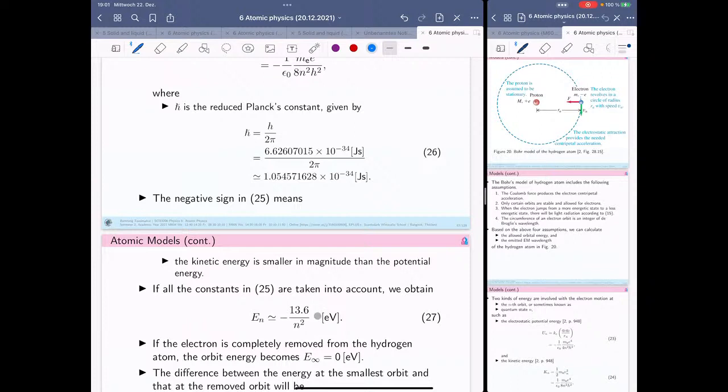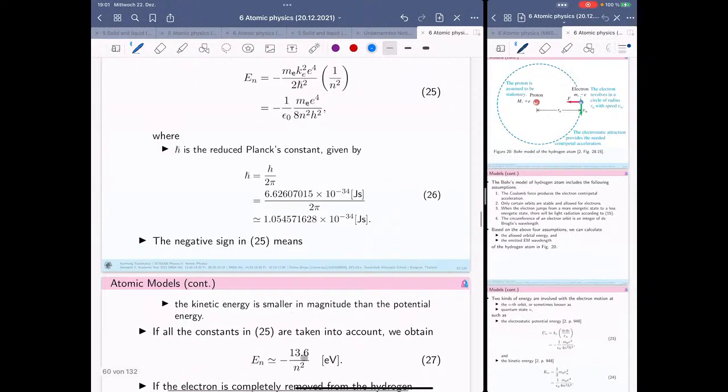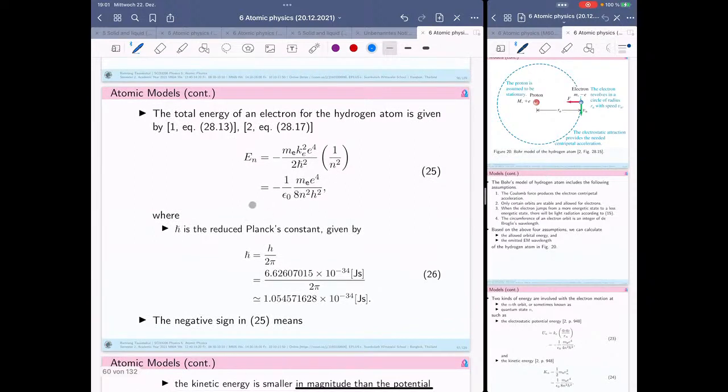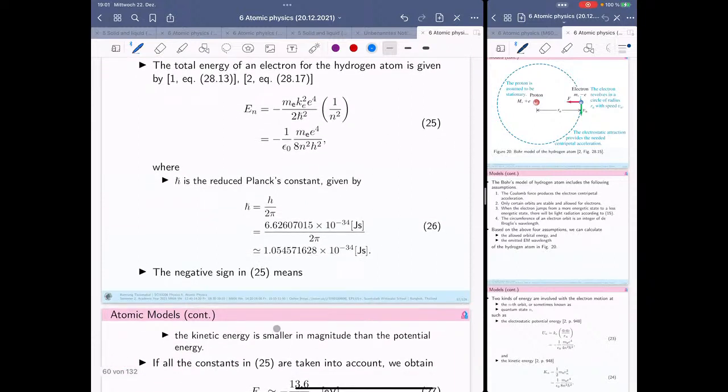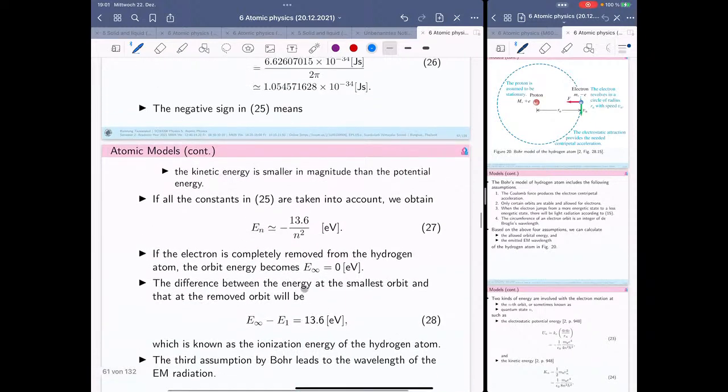So at the closest level to the nucleus, you would have negative 13.6 electron volts. Please note that the energy here is negative because it's negative from equation 25. It means that the kinetic energy is smaller than the potential energy. The energy caused by the movement of the electron is less than the potential energy.